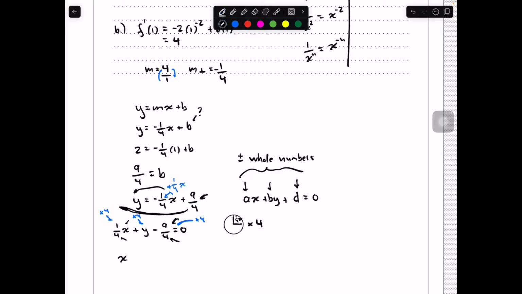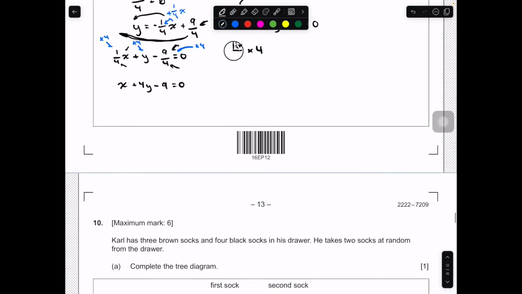So that'll just give us x, plus 4 times y gives us 4y, and 4 times negative 9/4 just gives us negative 9. There it is. x plus 4y minus 9 equals 0. Okay, there it is. Not a bad question.